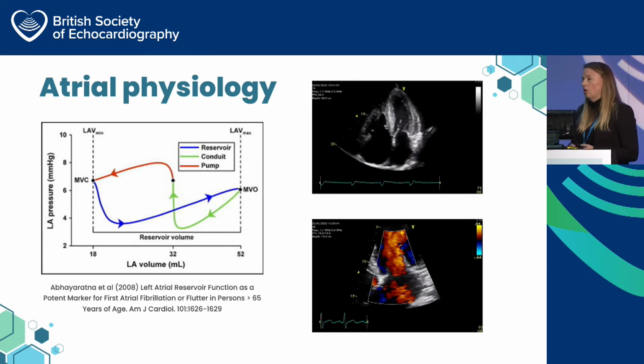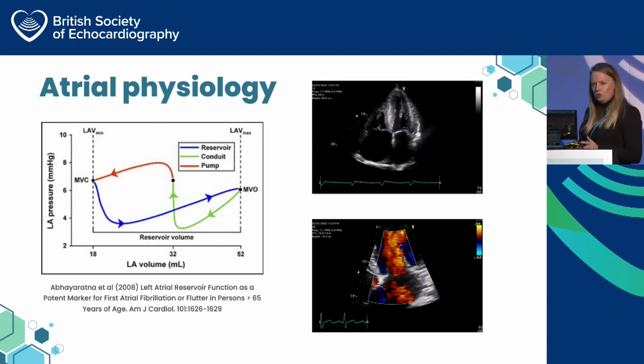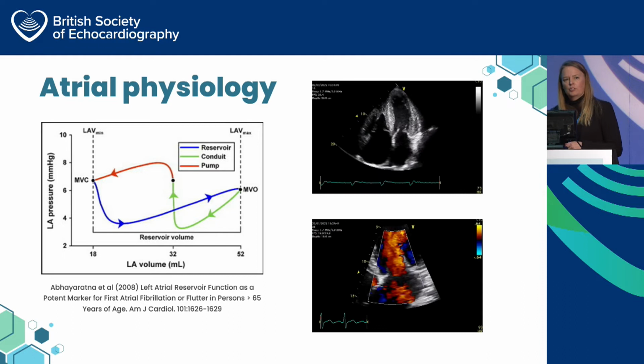It's dependent on compliance, and it's also dependent on end diastolic pressure in the left ventricle. What people perhaps don't think about quite so much is that even that reservoir phase when the mitral valve is shut is dependent on left ventricular function.